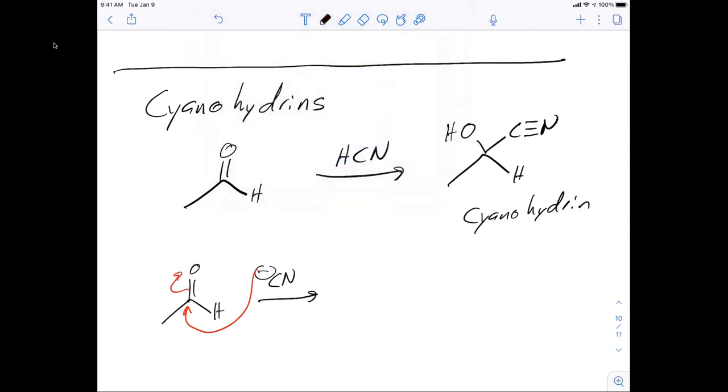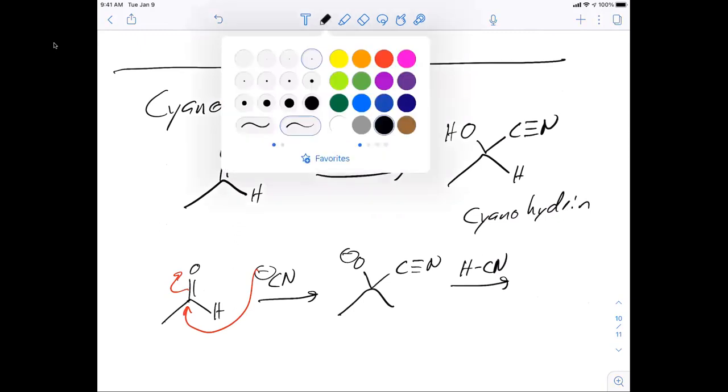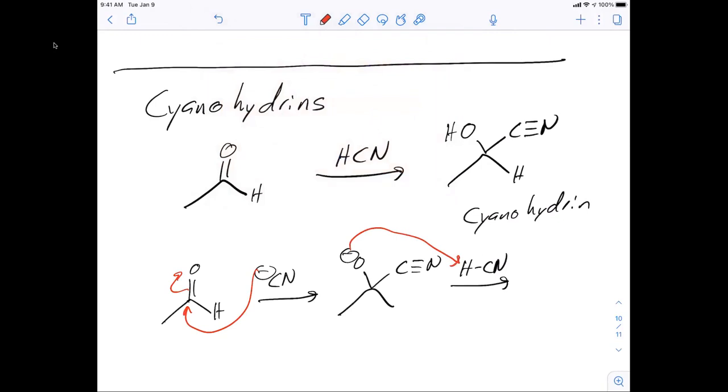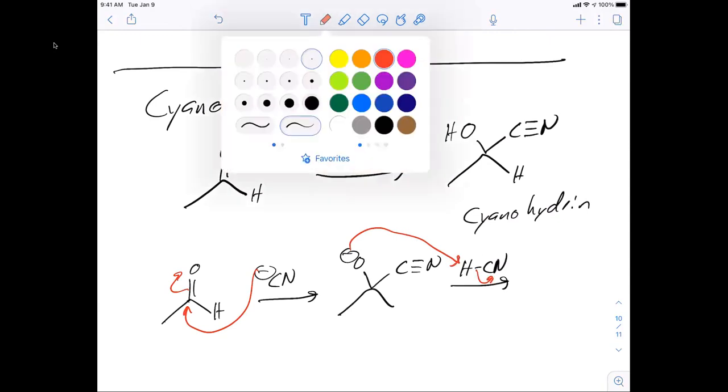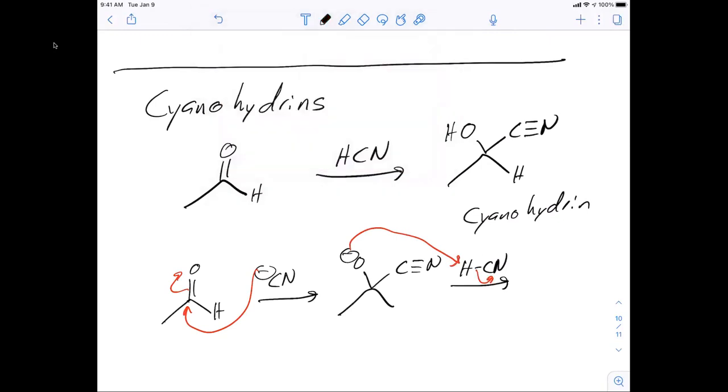Again, this is just a nucleophilic attack. You can make this reaction go faster by adding a little bit of base in solution, such as potassium cyanide.